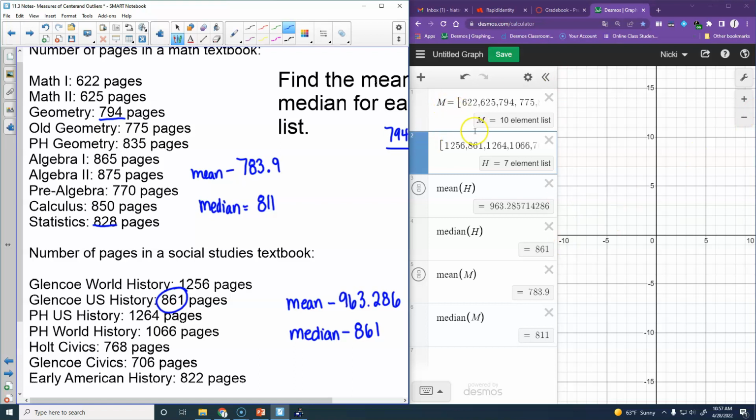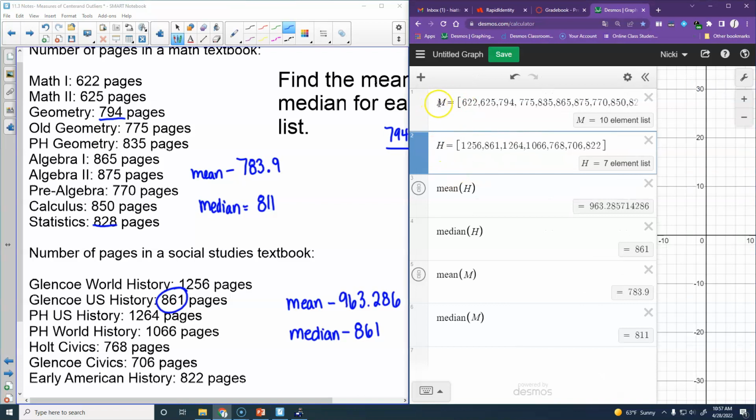So what I did is I entered my list here. I have M equals and the square brackets, and just listed all these separated by commas. Then if you just type mean, parentheses, H, it'll give you the mean for the history books.